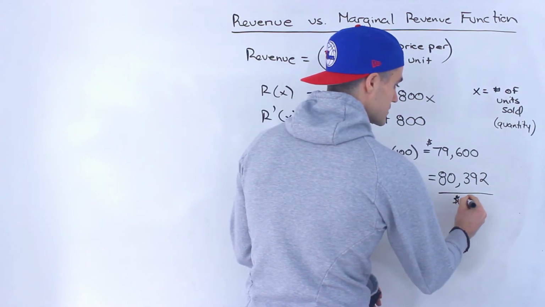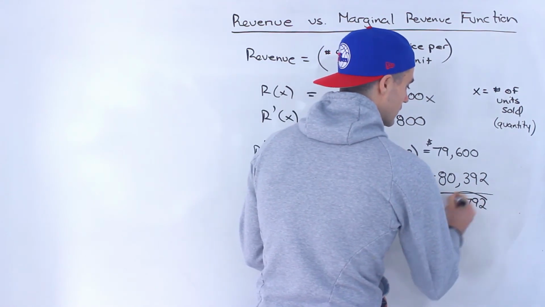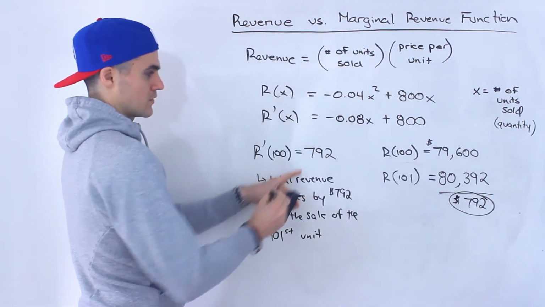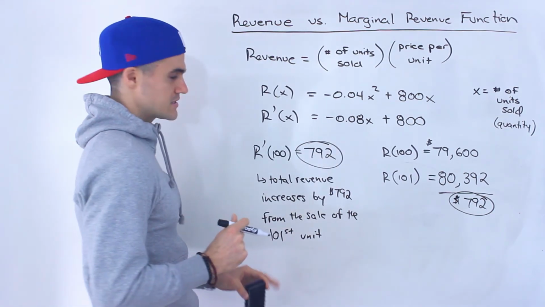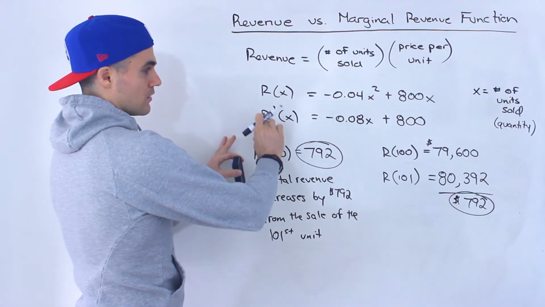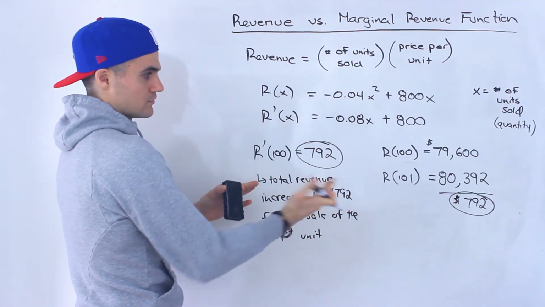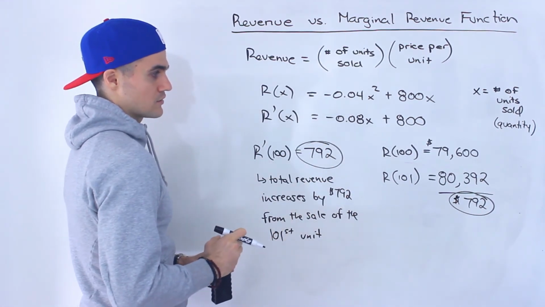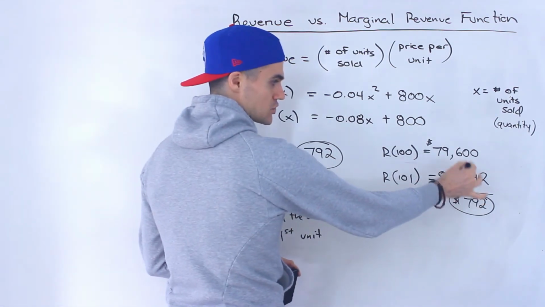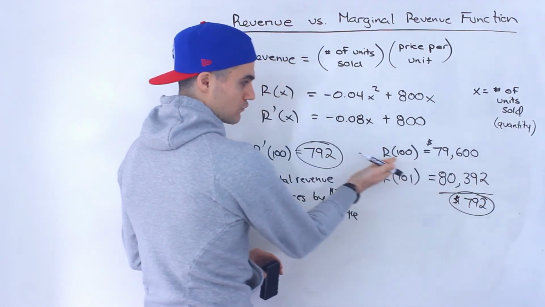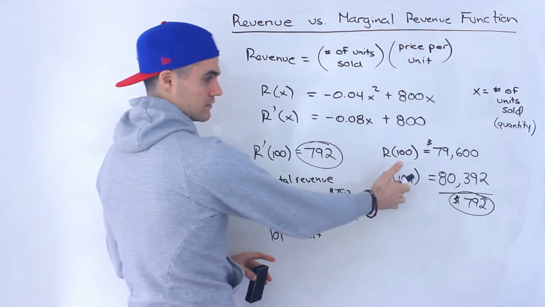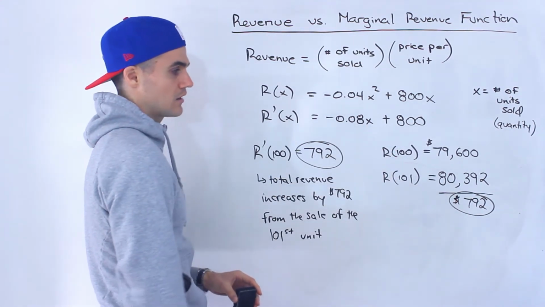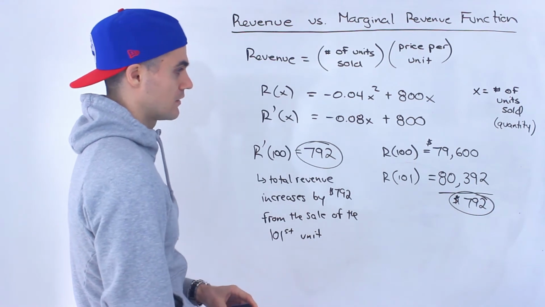The difference is going to be 792, which is this amount right there. Right? So that's what the marginal revenue is giving you. It's giving you the change in total revenue from the sale of the X plus 1th unit, the additional sale of that X plus 1th unit.